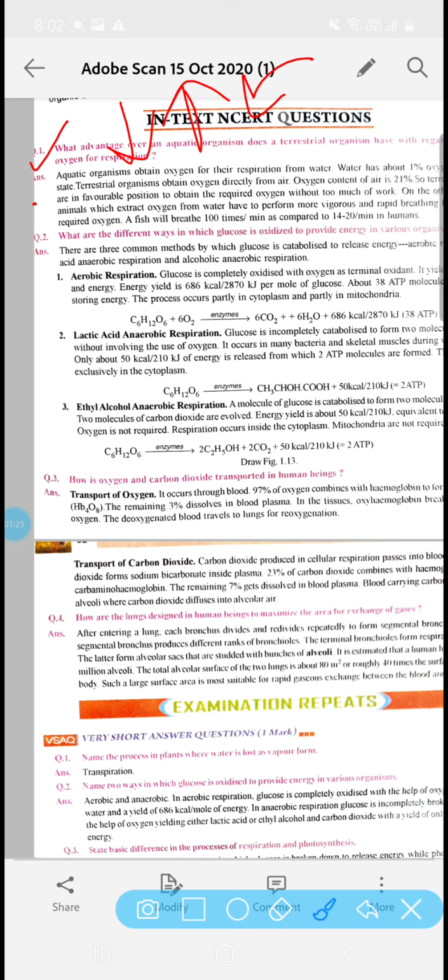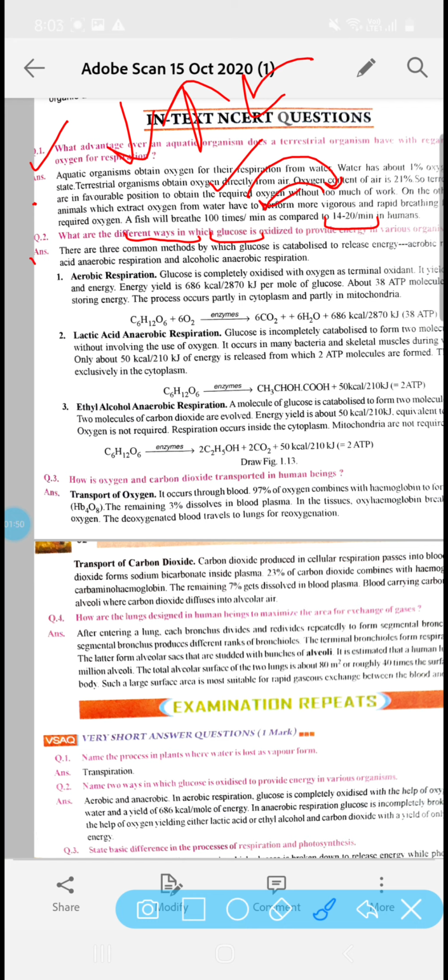They don't have to work very hard to obtain the oxygen, but aquatic animals have to breathe very fast. The value is given: a fish will breathe 100 times per minute, and a human being normally breathes 14 to 20 times per minute. So you can see there is a huge difference between these two values.